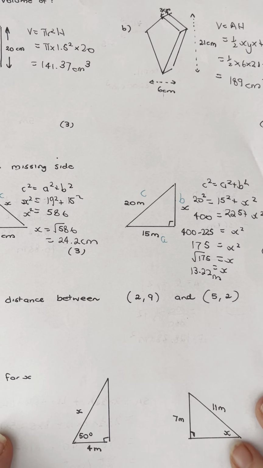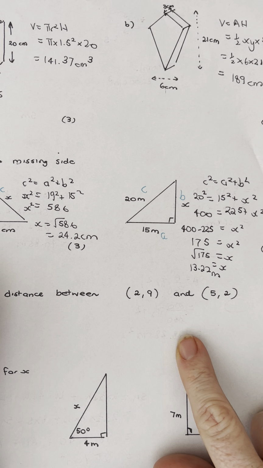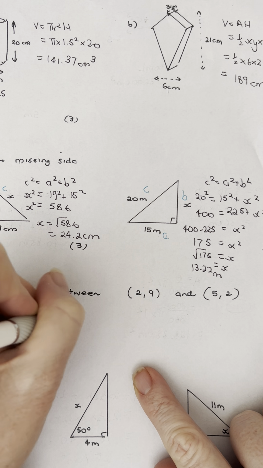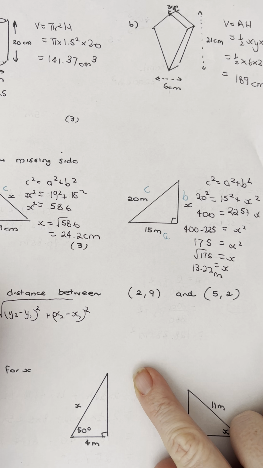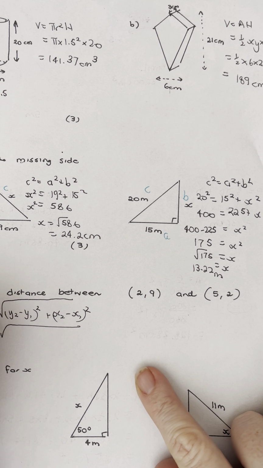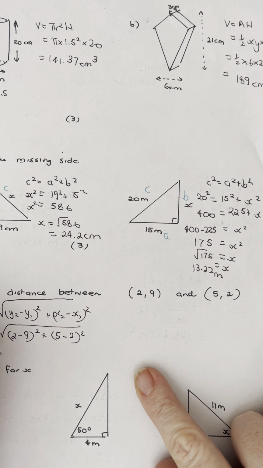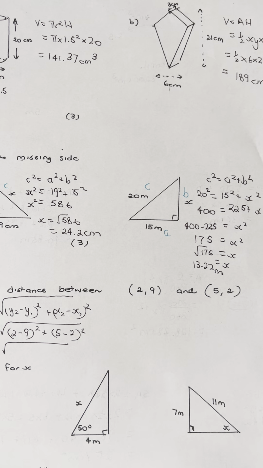Then I've got the distance between 2 points, so I'm going to use my distance formula, which is the square root of y2 minus y1 squared plus x2 minus x1 squared. So I've got the square root of 2 take away 9 squared plus 5 take away 2 squared. Now 2 take away 9 is negative 7.